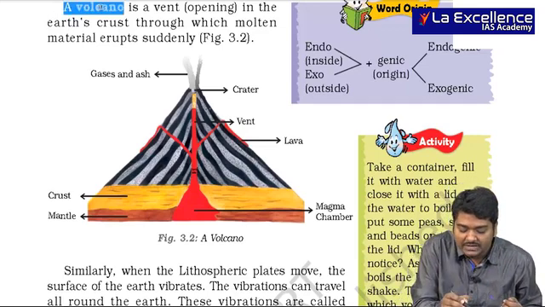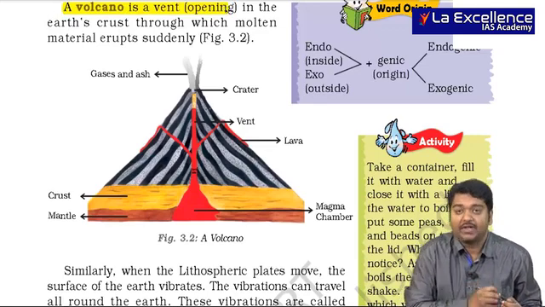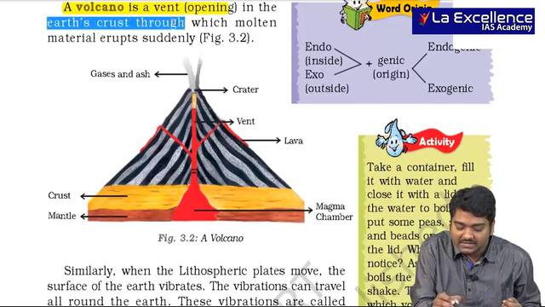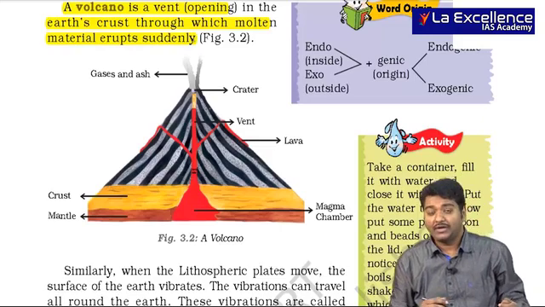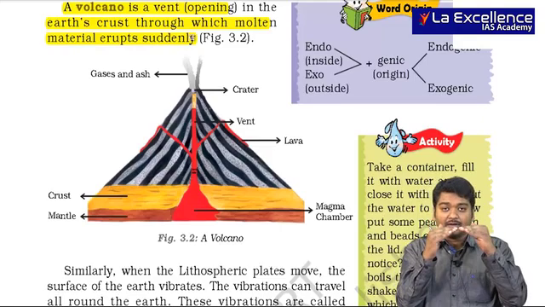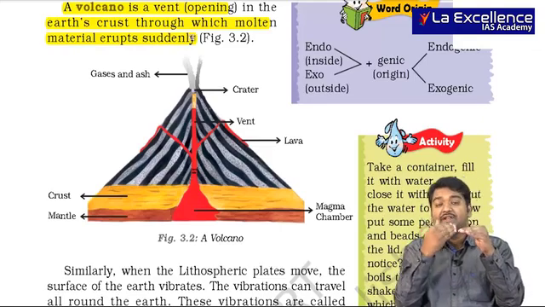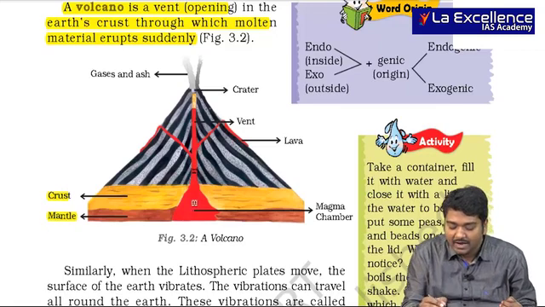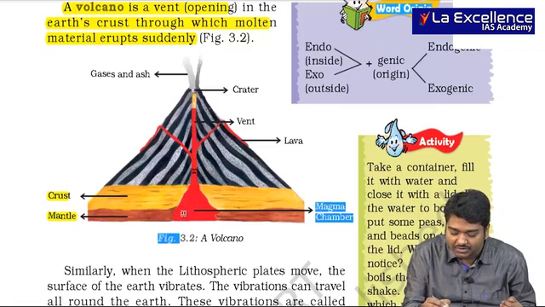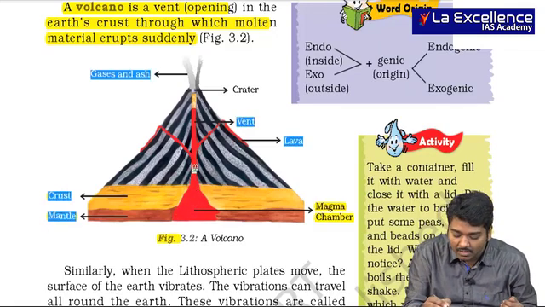A volcano is a vent or opening in the Earth's crust from which molten material suddenly erupts. I told you these are sudden outside, but inside it would have taken some generations. Now here, when I consider this crust and mantle, can you see this particular portion, red color, coming out?